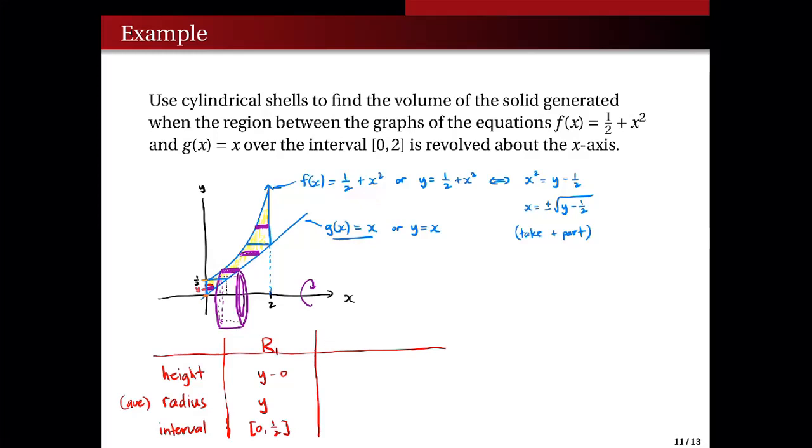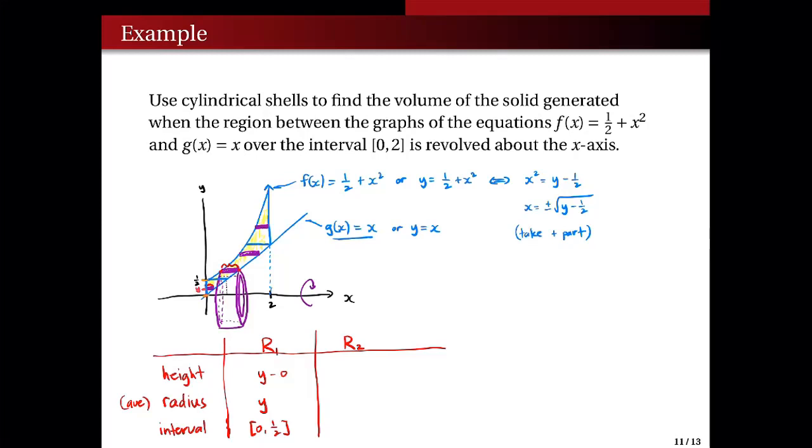Now let us do region 2. For region 2, you have this region here. The height will be from this point up to this point. It's from the line going to the parabola. You have the line, which is x equals y, but we need the y variable.